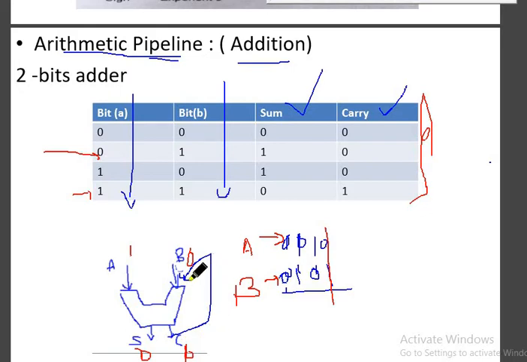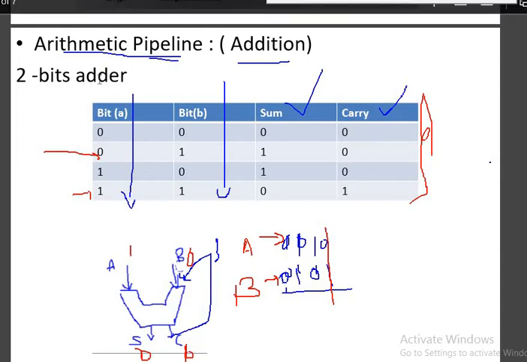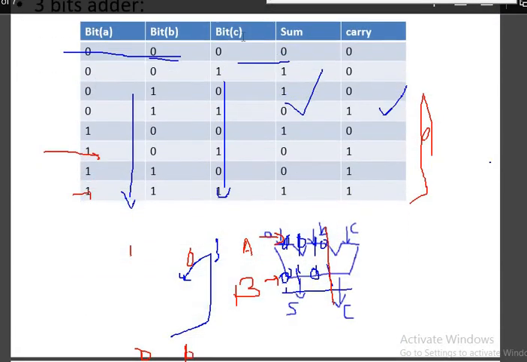Once we put it back into the carry, it becomes 3 bits, which we will explain in the next step. As of now, we only check what the sum and carry are. In all cases 0 0, 0 1, 1 0, we don't get a carry; only in the third case we get a carry, so we show sum as 0 and carry as 1. Once we finish this 2 bits adder, we will study 3 bits.